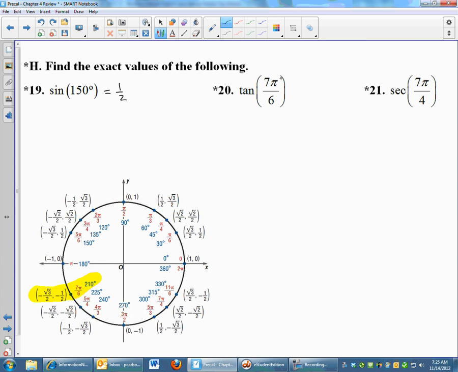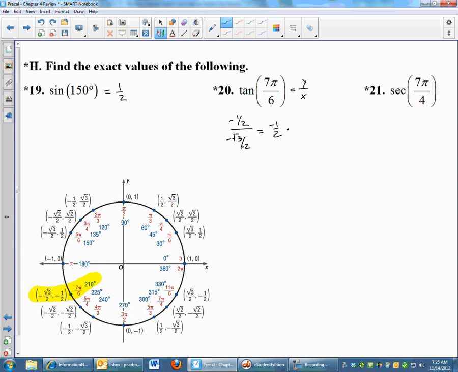And tangent, you need to remember, is sine over cosine, which on your unit circle is y over x. So sine over cosine would be negative 1/2 divided by my cosine, which is negative root 3 over 2. And I do want you to get rid of fractions in fractions. So that would be the same as negative 1/2.